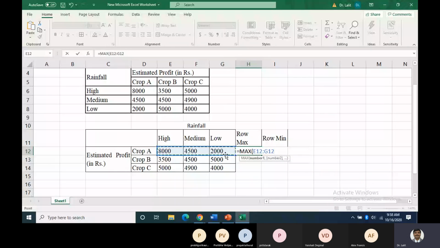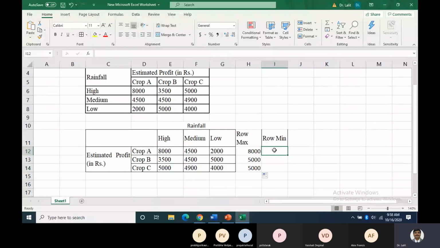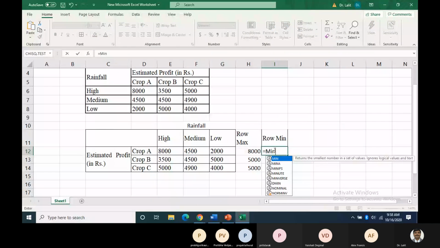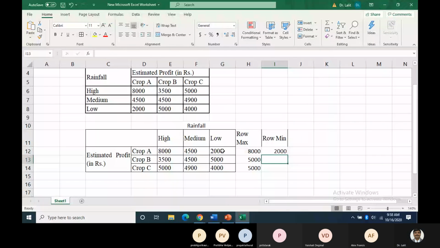Okay. Fine. So row maximas are 8,000, 5,000, 5,000, and row minimas are 2,000, 3,500, and 4,000 respectively.